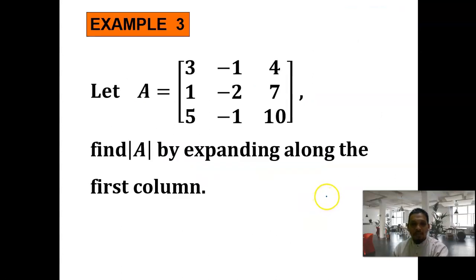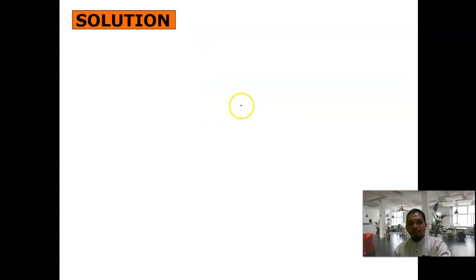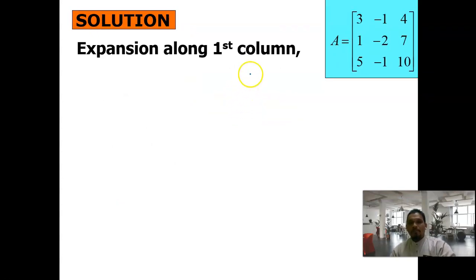Okay, so now find the determinant of A by expanding along the first column. The elements in the first column are 3, 1, 5.